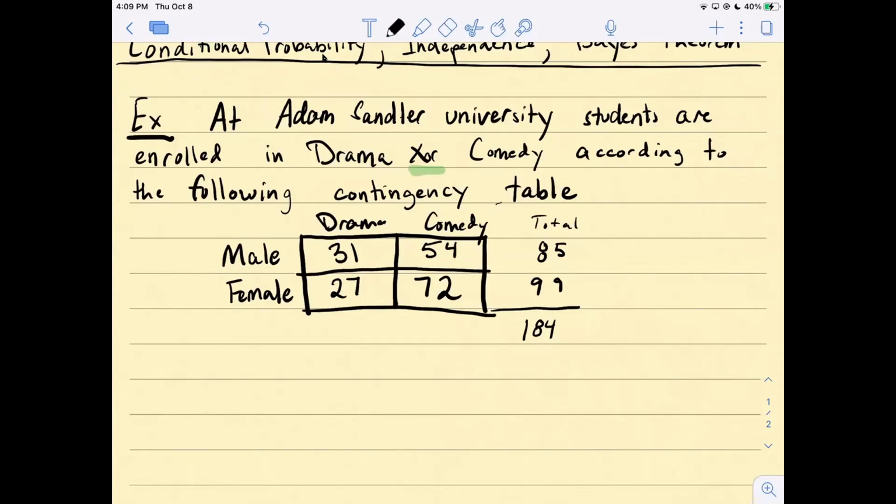All right. So the question is, let's try to give the answers to the following probabilities. What is the probability that a student is male or is a comedy major? What would you do there?